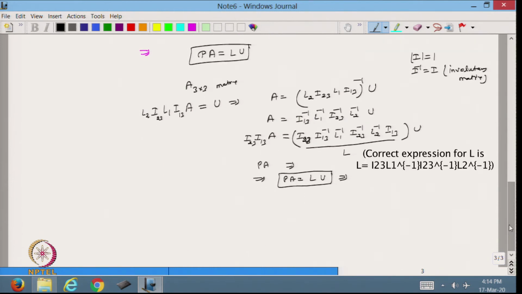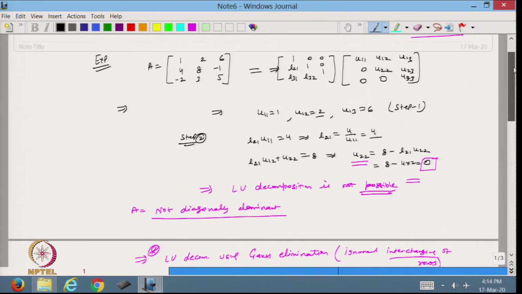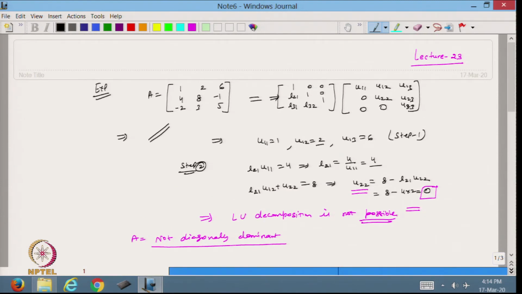So, we have to do this when we come across such cases, as we have done in the example for Kraut's method. Because in the example of Kraut's method, if I change this matrix into this form, suppose I write 4 8 minus 1 and then 1 2 6 here and then minus 2 3 5.